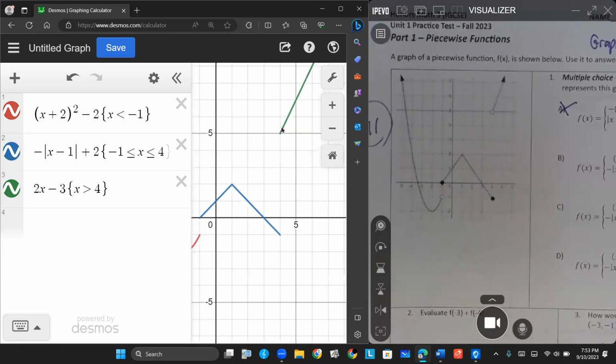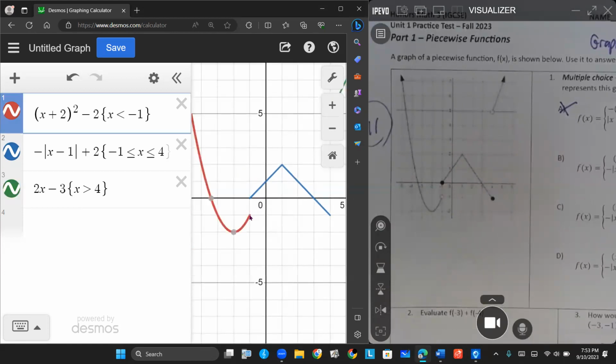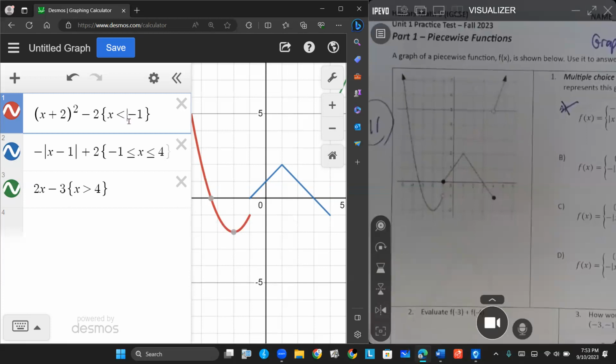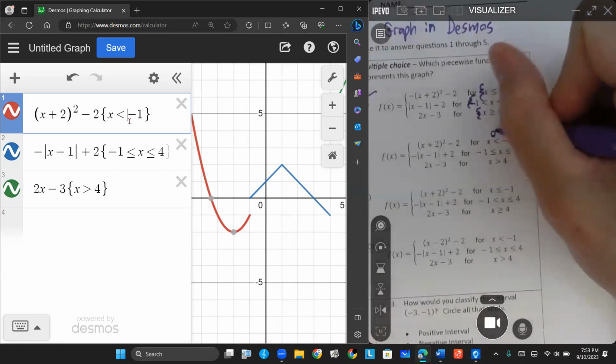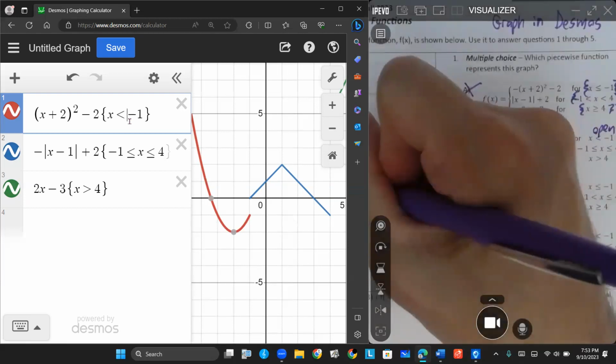Another thing that we're looking for is undefined or open circles at the endpoints. If you notice here at the coordinate 4, 5, that's undefined, and the coordinate here, while it doesn't give us an open circle, you can tell this is going to be an open circle because of that less than. So this is actually going to be our answer. This is going to be an open circle here at -1.